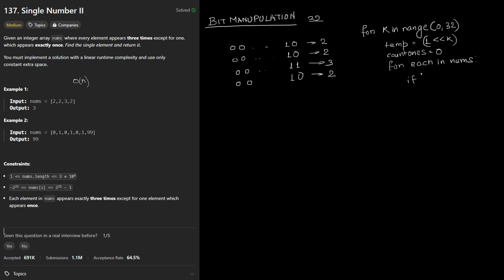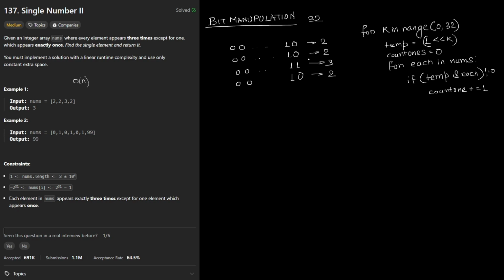The way to check it is temp and my current each. If the value is not equal to 0, in that case count ones plus equal to 1.